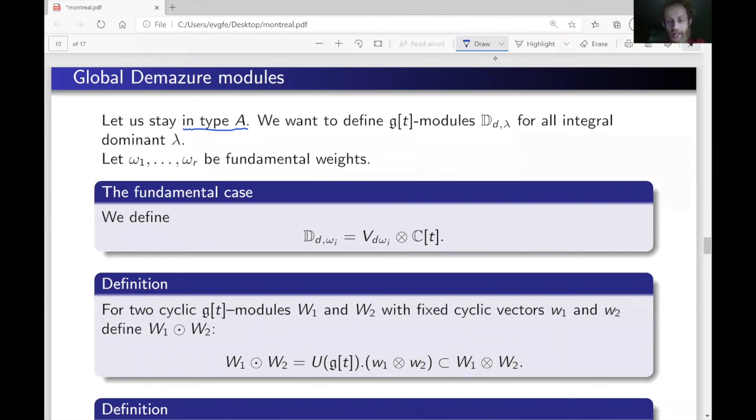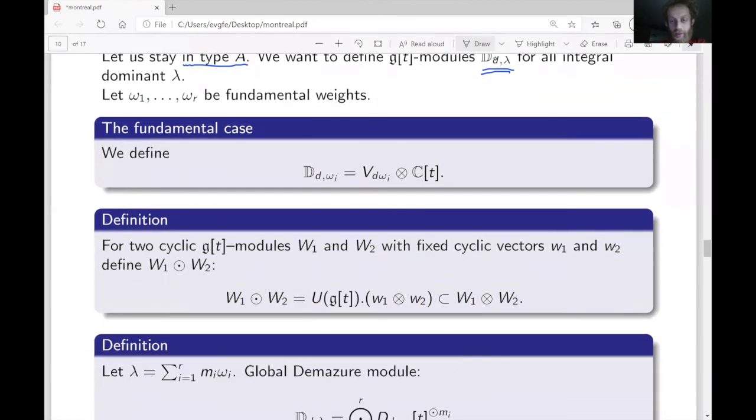So in type A, we want to define some modules which are called global Demazure modules, and they are here. They depend on the parameter D, which is our degree, a natural number, and also there is this integral dominant weight lambda, which also enters the indexing set. So we consider the fundamental weights as we did before, and first we define these modules for fundamental representations. So you can see the definition here.